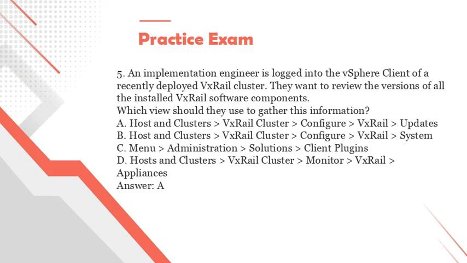B. Hosts and clusters > VxRail cluster. Configure > VxRail > system. C. Menu, Administration, Solutions, Client Plugins. D. Hosts and clusters > VxRail cluster. Monitor > VxRail > appliances. Answer: A.